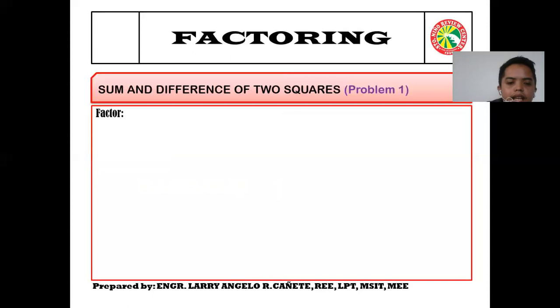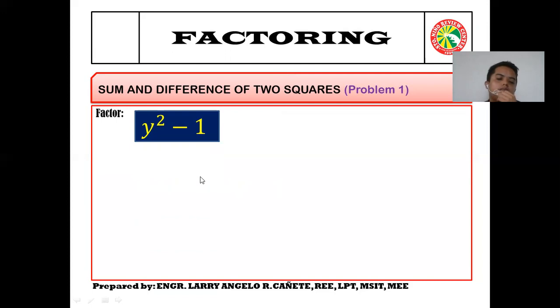Let's have an example, y squared minus 1. This is different from a perfect square trinomial because you have only two terms, a binomial here. So this is how I solve for y squared minus 1.